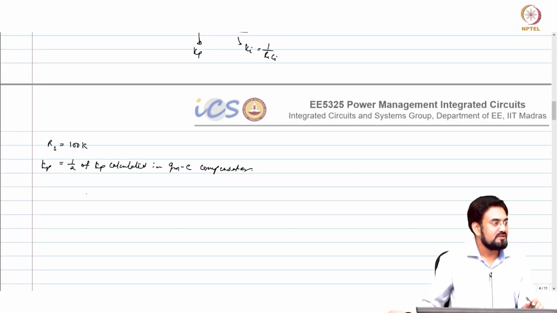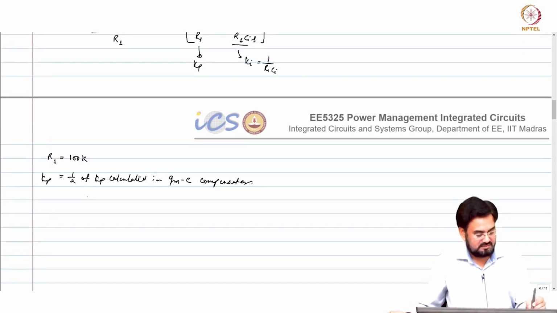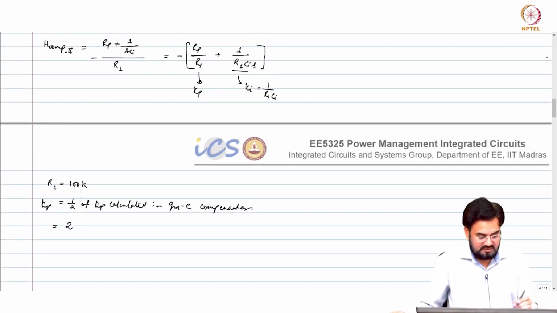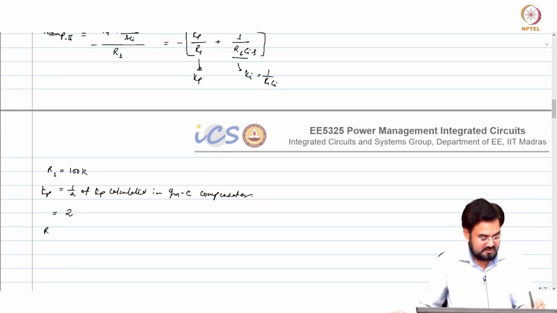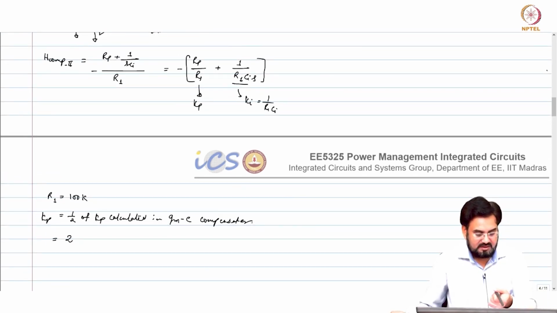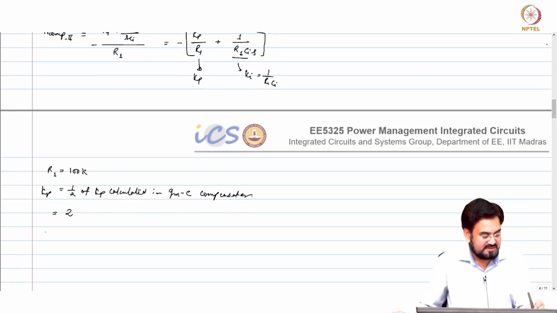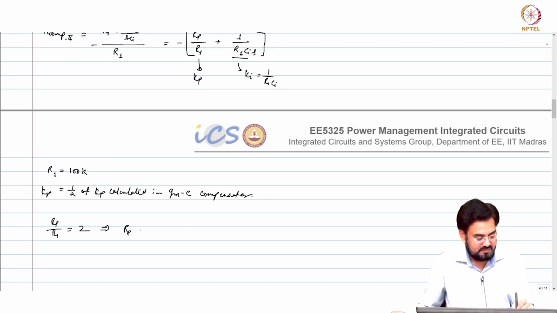It was 4 previously, so equal to 2, which means RP over R1 is 2.